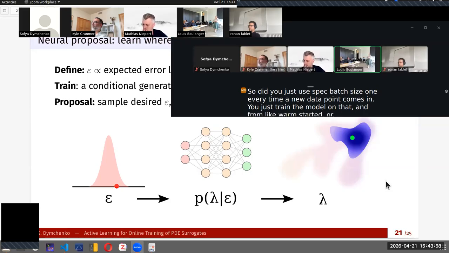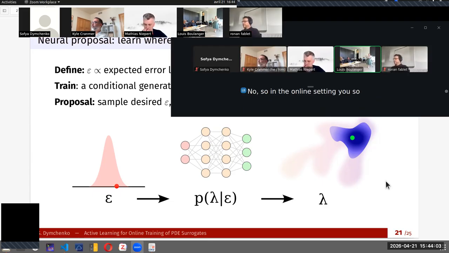No, so in the online setting, the training of the surrogate is not dependent on the receiving side. It just has whatever is in the buffer, and it samples a batch of whatever size we choose from the buffer. If you have a buffer size of, say, 500 and a batch size of 10, it will select 10 points from there.